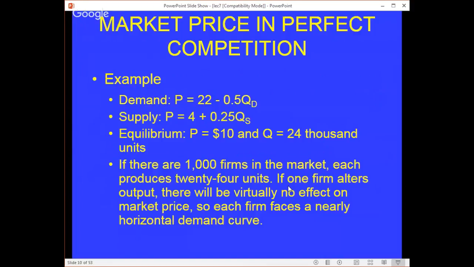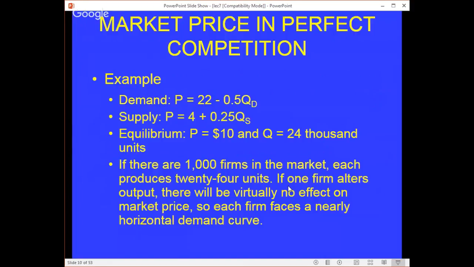You guys want me to do it? Okay. So I have our inverse demand curve. And as I said, I'm going to allow quantity demanded equals quantity supplied. I have my inverse supply curve, which is equal to 4 plus 0.25.